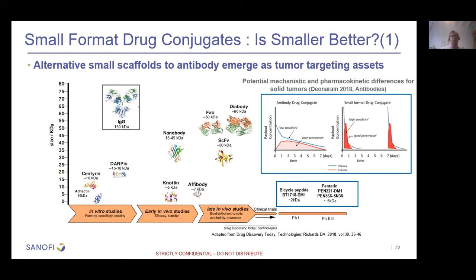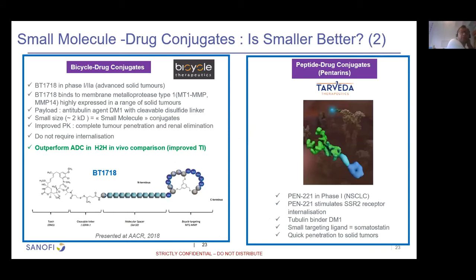So one word about these bicyclic drug conjugates. This is using the technology developed by Bicycle Therapeutics. You can see that this BT1718 is bearing this bicycle peptide that is able to bind an extracellular target, a matrix metalloproteinase MT1.